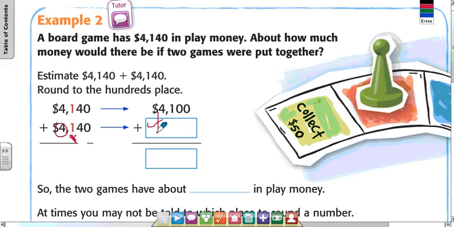Then looking over to the right, what does the 4 say to do? Stays the same. So the 1 stays the same, and replace these 2 numbers with 0. And what's the other step? Add. So 0 plus 0 is 0, 0 plus 0 is 0, 1 plus 1 is 2, and then 4 plus 4 is 8.